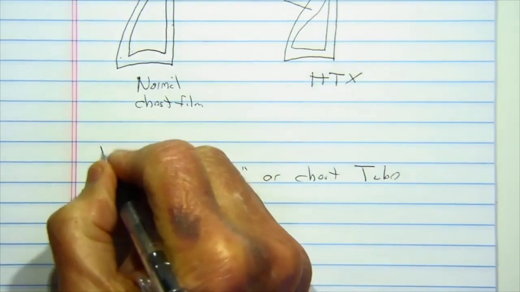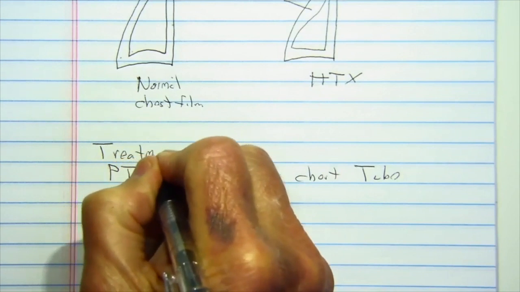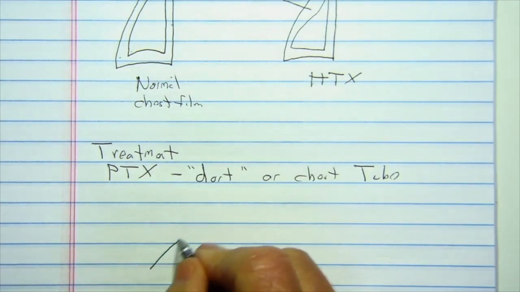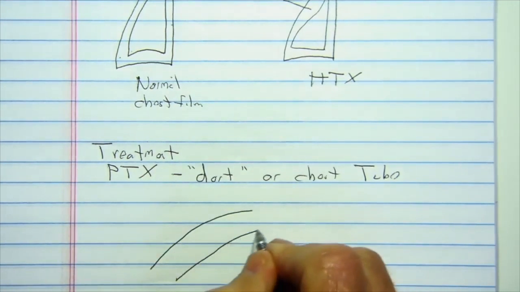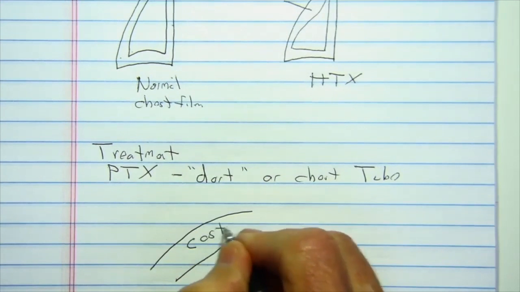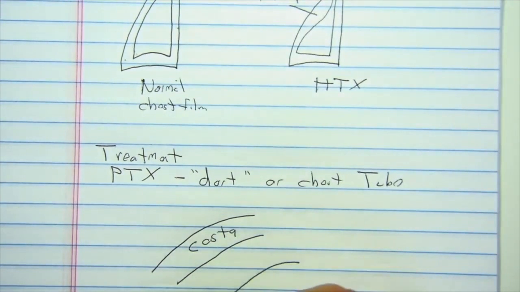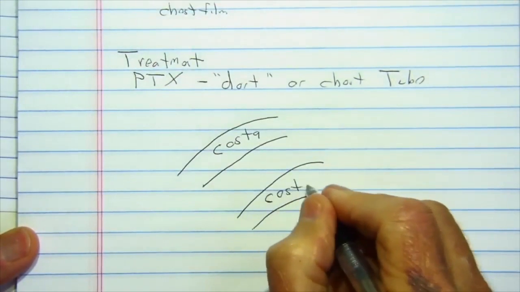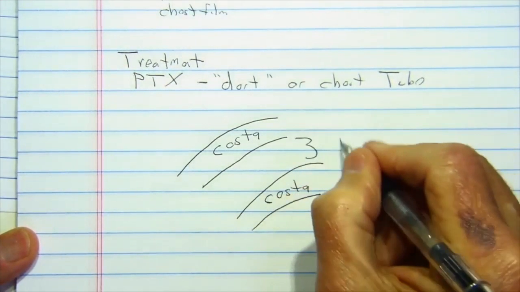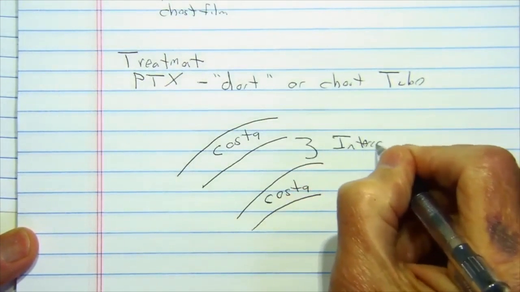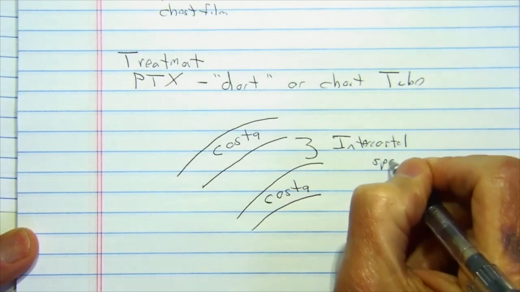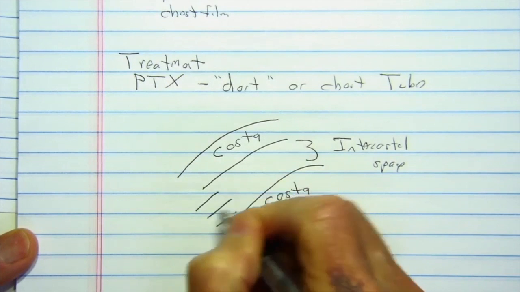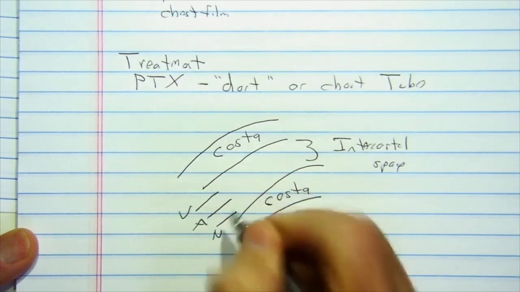So if this is treatment, of course the chest tube means I'm going to take a chest tube, and here's again, remember, this is my costa or my rib, and then I've got this other rib sitting below it, so there's my second costa. This is going to be my intercostal space. And then, of course, remember we've got that intercostal vein, artery, and nerve running through that intercostal space.